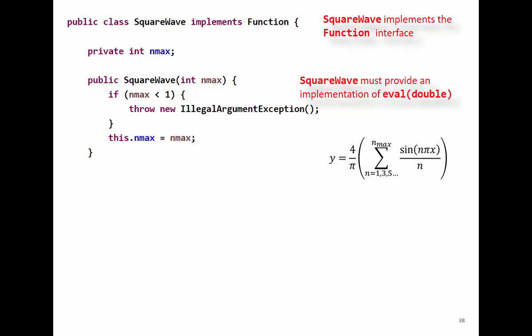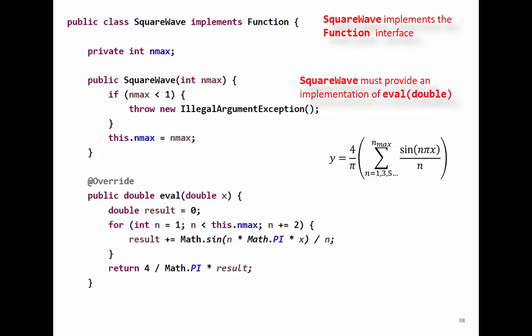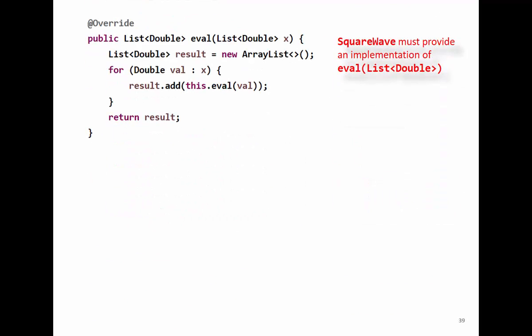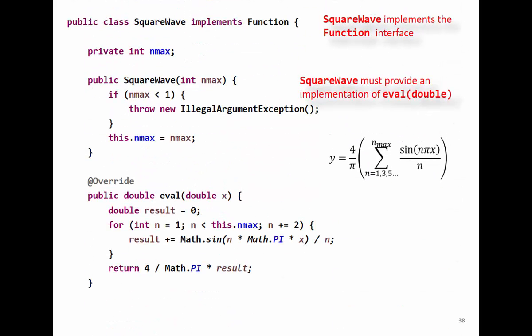I can create an object here because I cannot implement this without having n max inside the object. If I receive x, then I will go through all the values to evaluate x and return the value to the user. If I receive a list of x, I have to do the evaluation for each one of them. Okay? You see, the implementation is different based on the function, but all of them agree to implement the same interface.